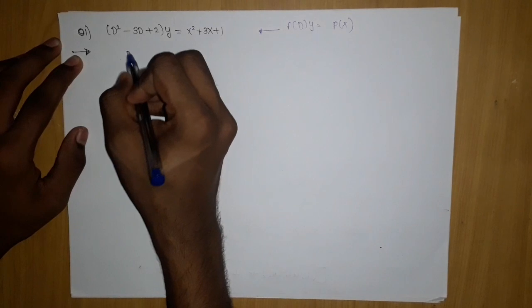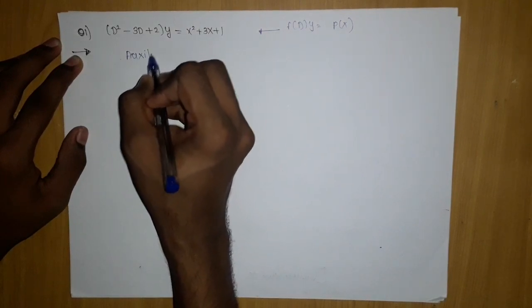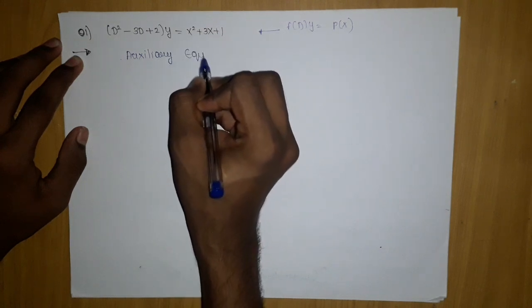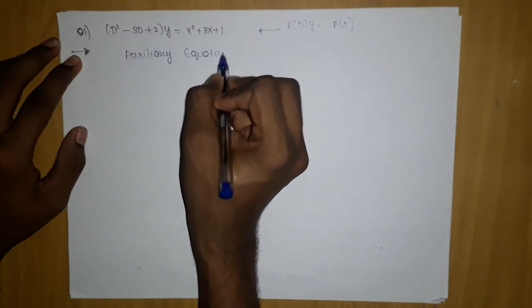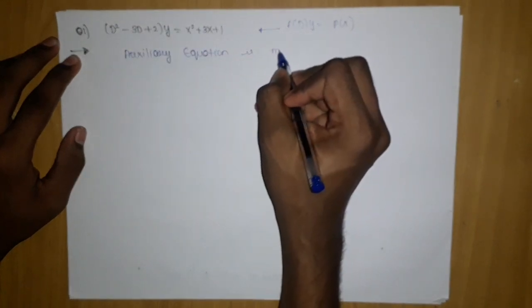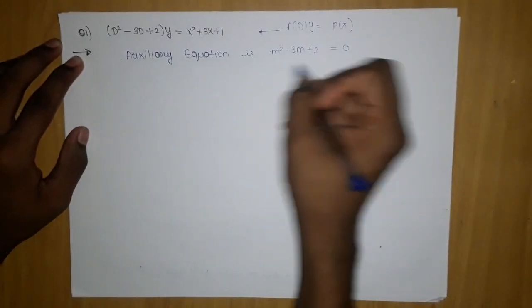So auxiliary equation, first you have to get the auxiliary equation. The first part is the same in all the problems. Auxiliary equation is just in f(D) replace all the D's by m: m square minus 3m plus 2 equal to 0.